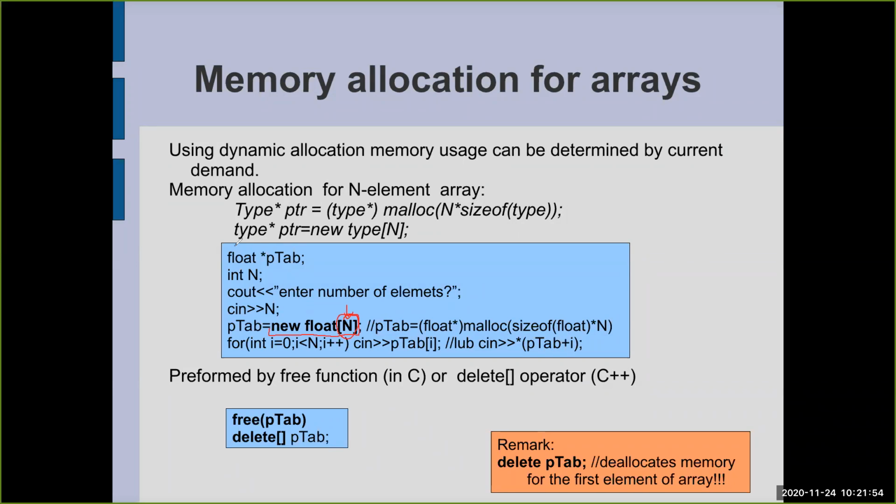Without dynamic allocation, I should write, let's say, float tab[10000], assuming that the user will never insert more than 10,000 elements.